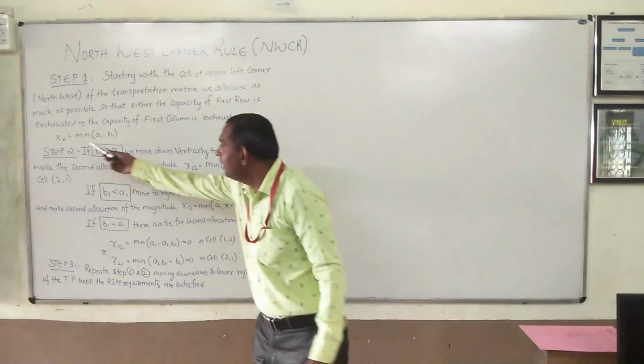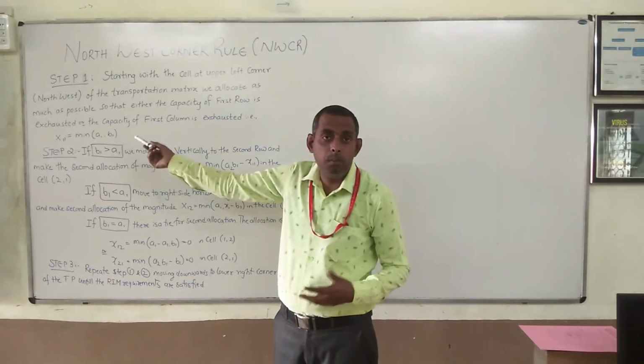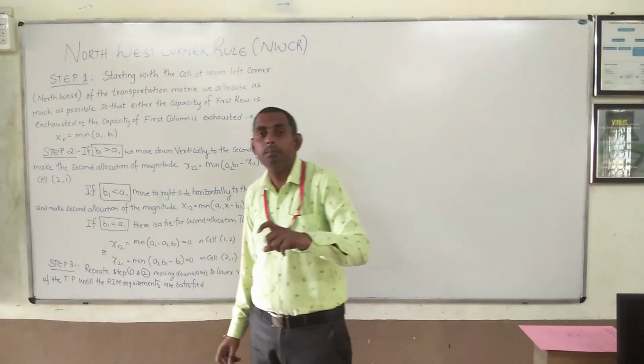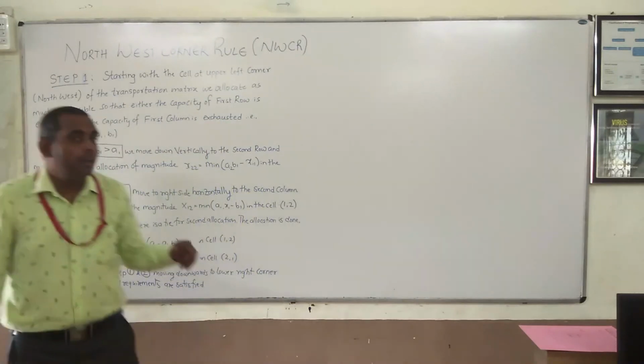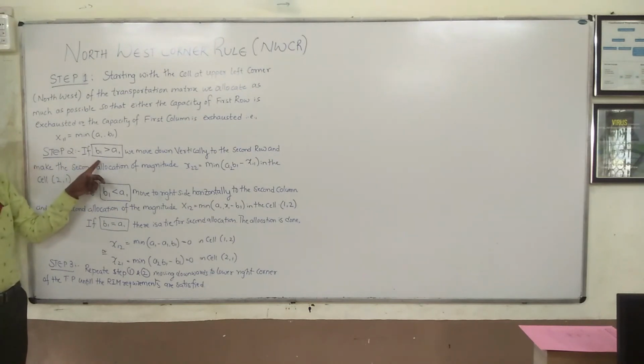That is, X11 is the minimum of A1 comma B1. In the first row and first column we have to find whether A1 is the minimum or B1 is the minimum. What happens if B1 is greater than A1? We allocate cell 2 comma 1 next.